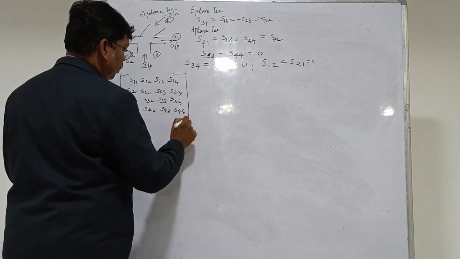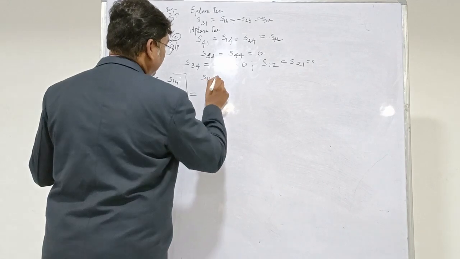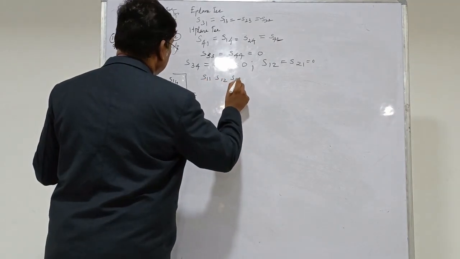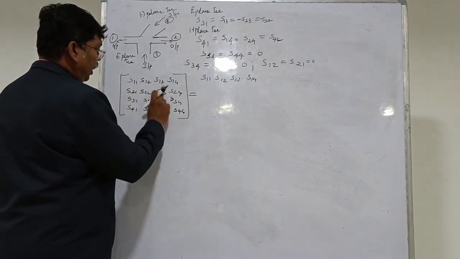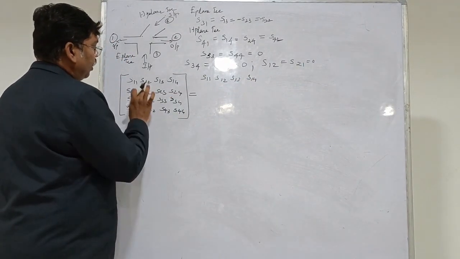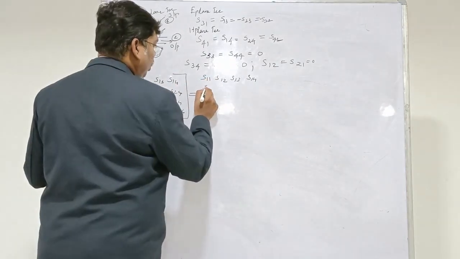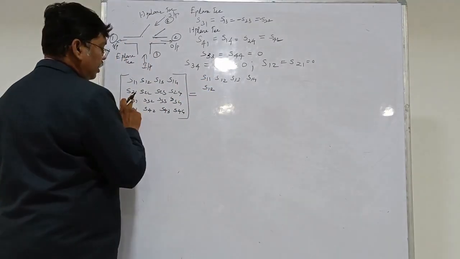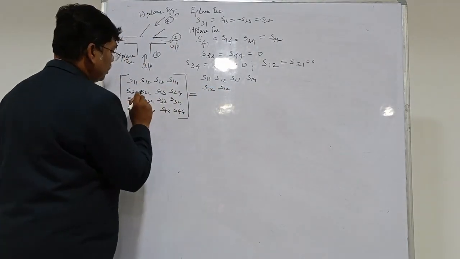As I told you, for our solving purpose we have taken the first row as S11, S12, S13, S14. I am trying to replace these elements using the row 1 elements. This S21 can be written as S12 according to the symmetry property. Similarly S22.